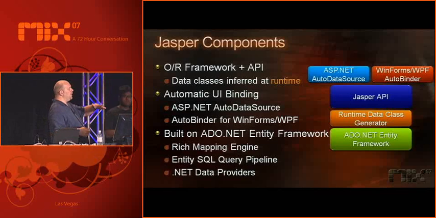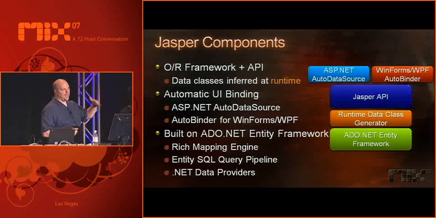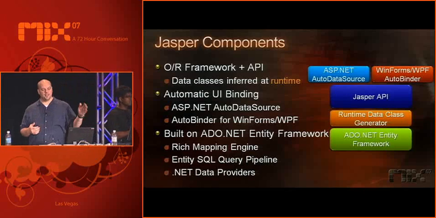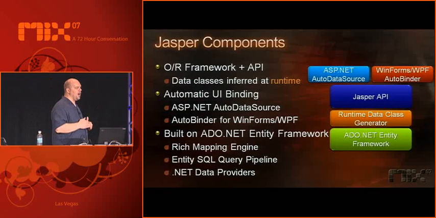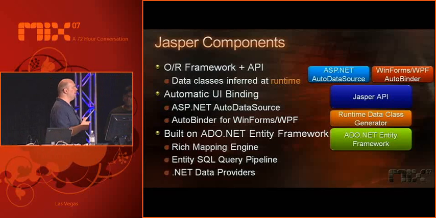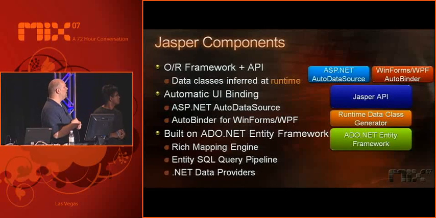So building on the Entity Framework, there is the data class inference engine, which is the thing that, when you build the dynamic connection, goes and reads the catalog and builds that model. Now, because this is built on top of the Entity Framework, that model is itself a nice, clean artifact. And even though we're building it at runtime here, you actually get a model that can be further customized, saved out, or optimized for later deployment and scale, and we'll talk about more of that later.